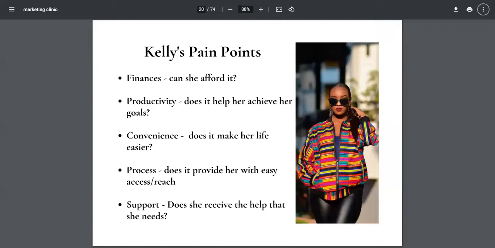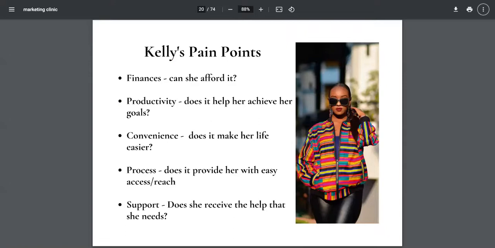Convenience, does it make their life easier? I believe so, because they went from not understanding why they couldn't reach their audience. They went from not understanding why their marketing wasn't working to understanding why it wasn't working, but also to getting strategies and tips on how to make it work.